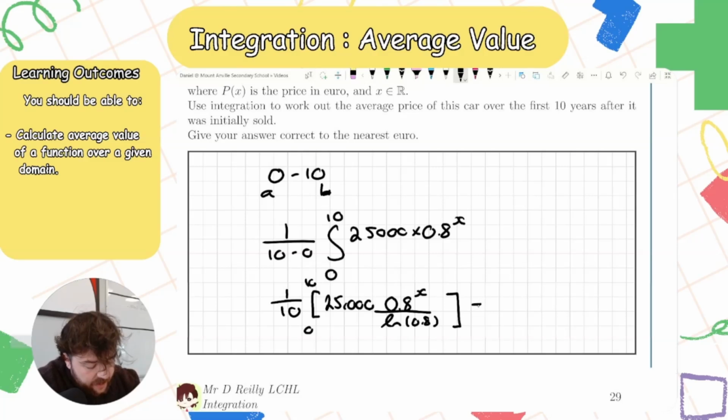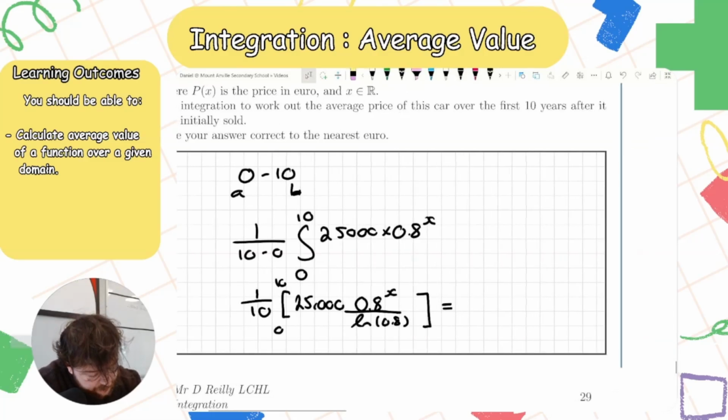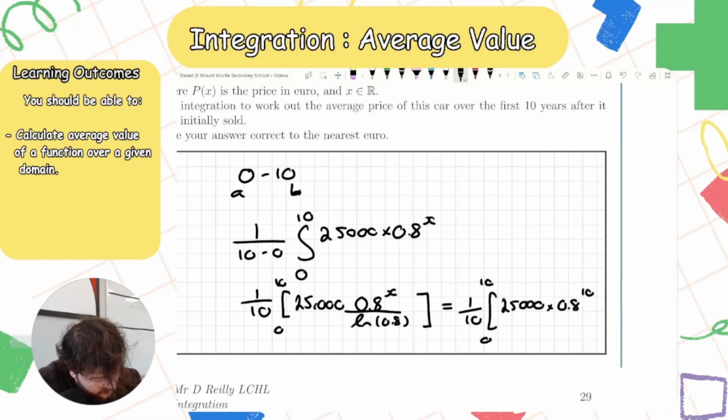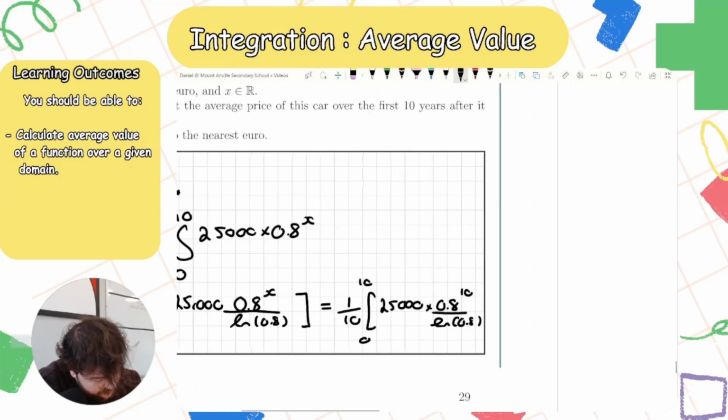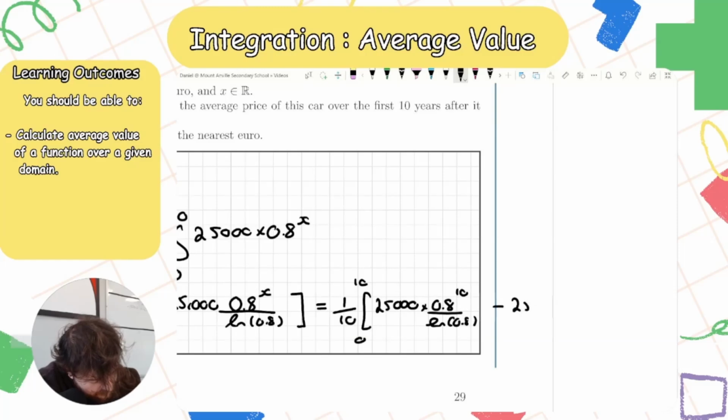And then if I evaluate that at these points here, the 1/10 times 25,000 times 0.8 to the power of 10 all over ln of 0.8, minus 25,000 times 0.8 to the power of 0 all over ln 0.8.